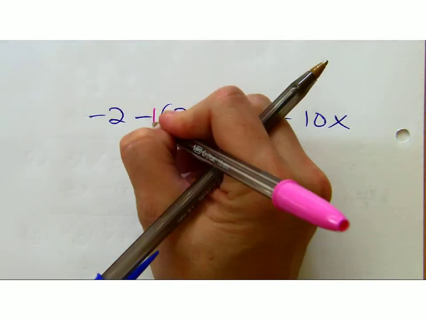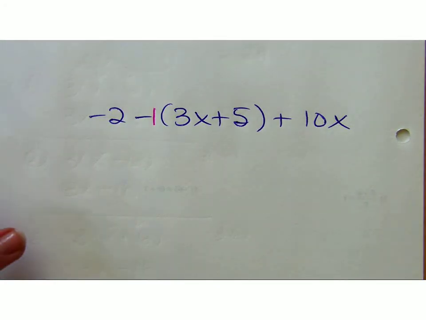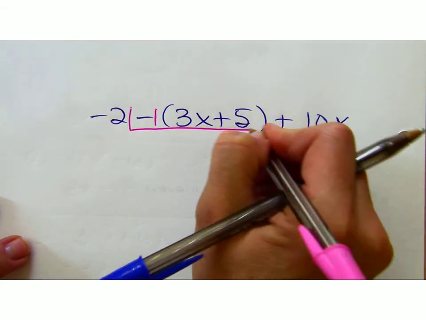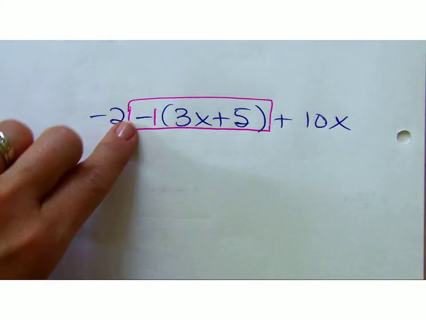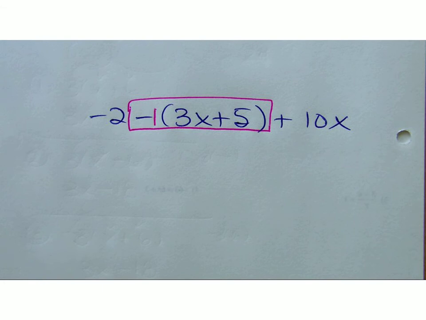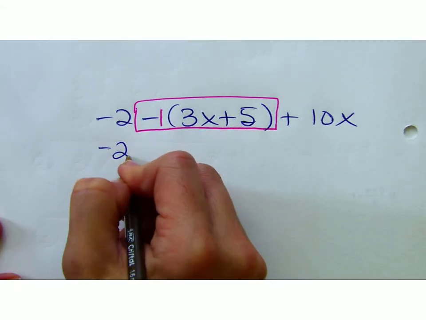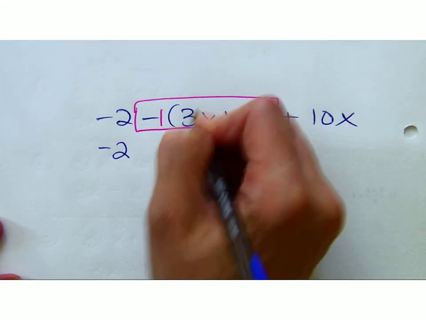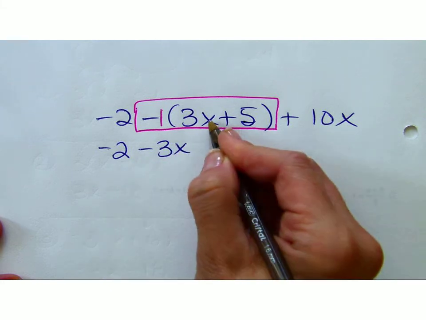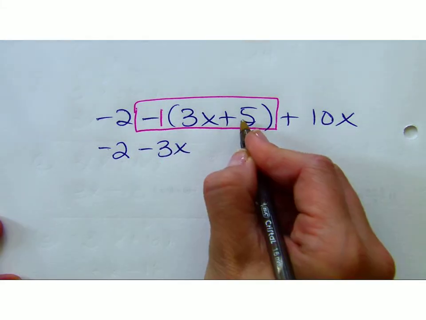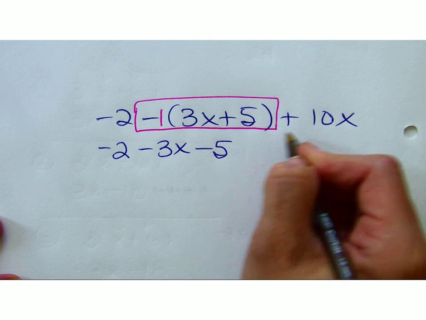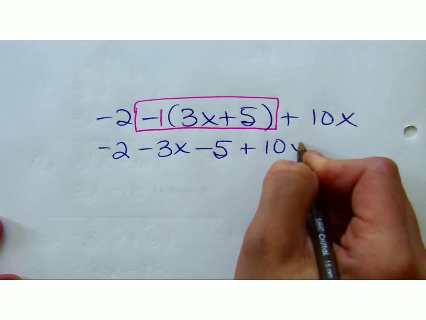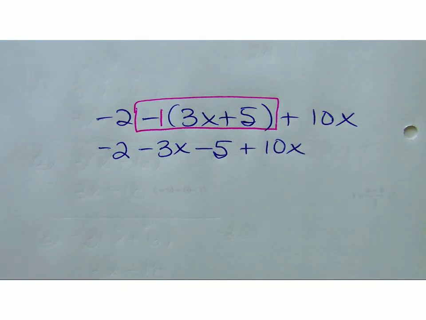The negative sign, or you could look at it as I'm distributing a -1. And all that means is take the opposite of every term inside there. And I'm leaving this alone. I'm distributing that, and I'm changing that positive 3x to a negative, changing that positive 5 to a negative, and then I'm recopying everything else.